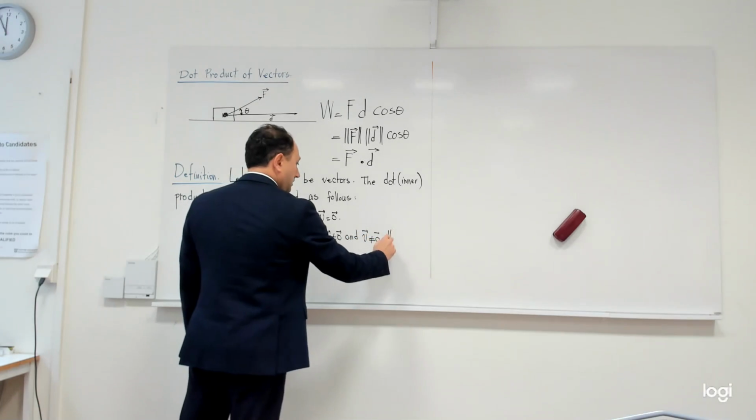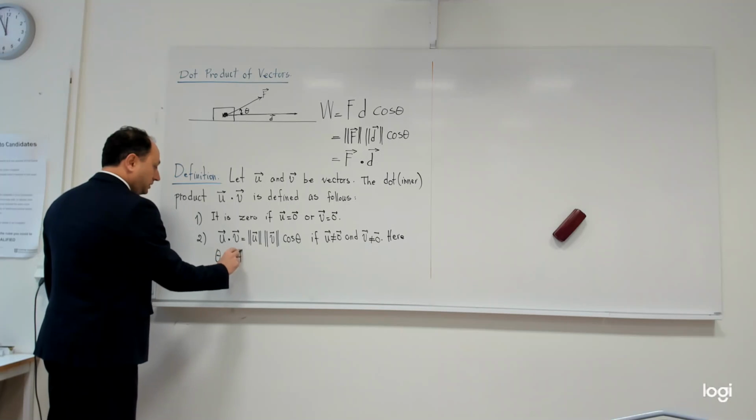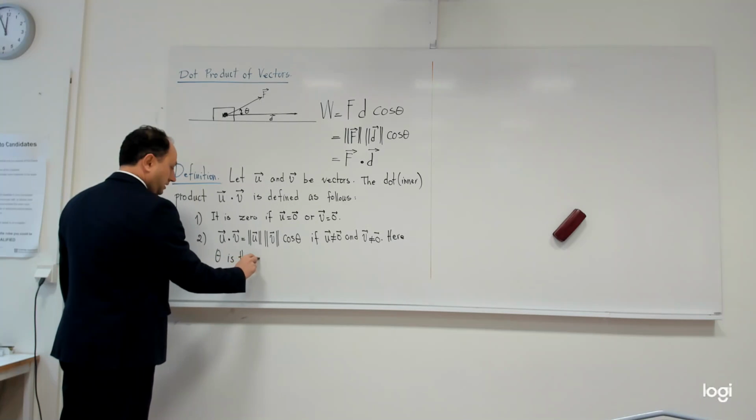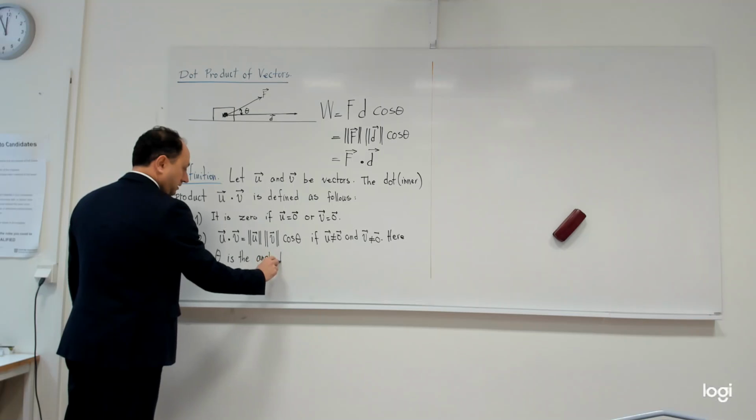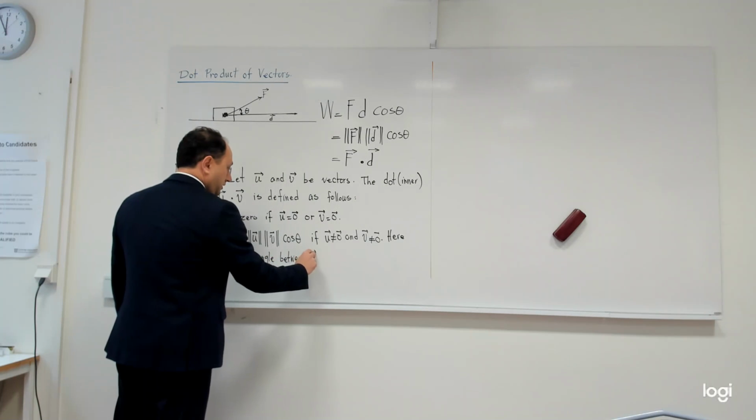Here theta is the angle between the two vectors, between u and v.